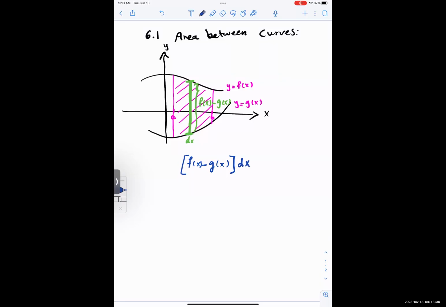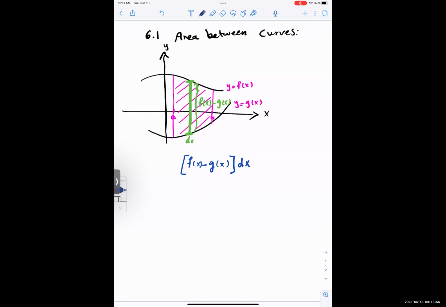Thinking of length times width, the length of this rectangle is f of x minus g of x. The width of this rectangle is dx. So the area of this rectangle is length times width, that's this times this.